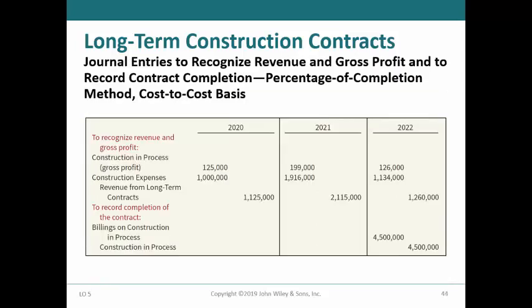Under percentage of completion, the gross profit, expenses, and revenue are recorded at the end of each period as an adjusting entry as shown on the slide. The gross profit is debited to construction in process as we noted in the previous slide. The billings on construction in process and construction in process will be equal at the end of the contract and will be closed.